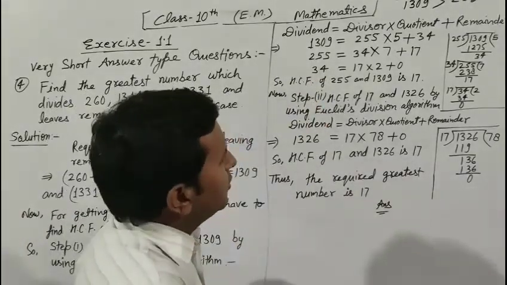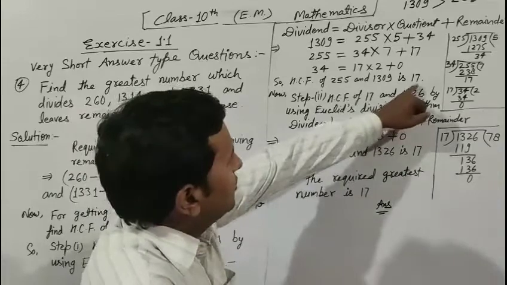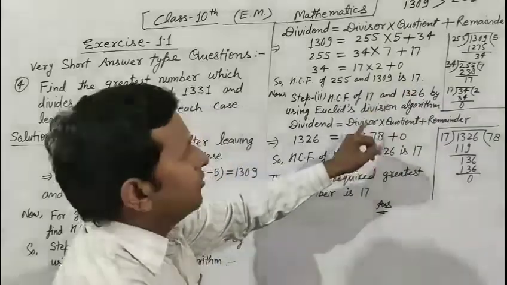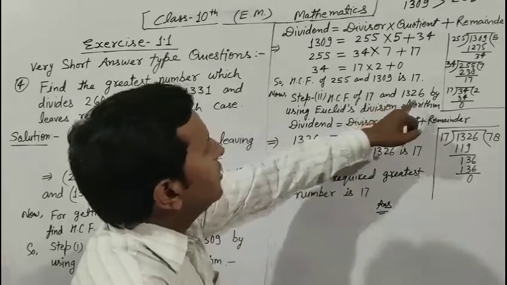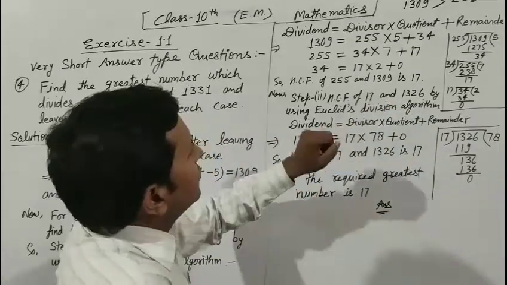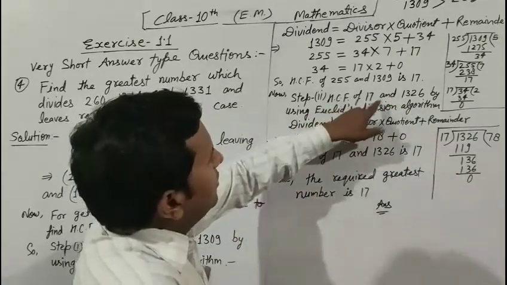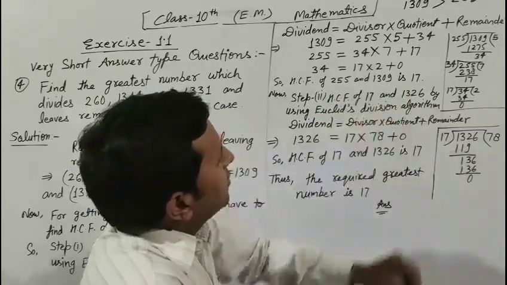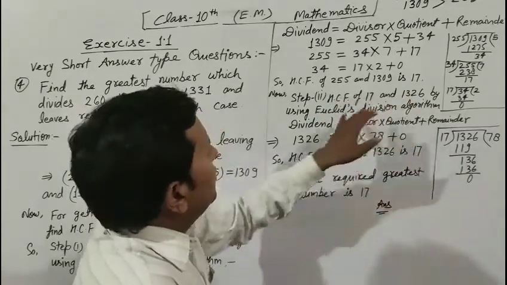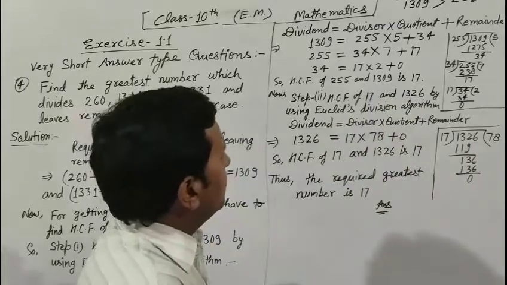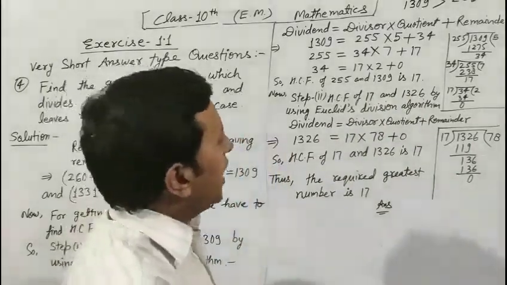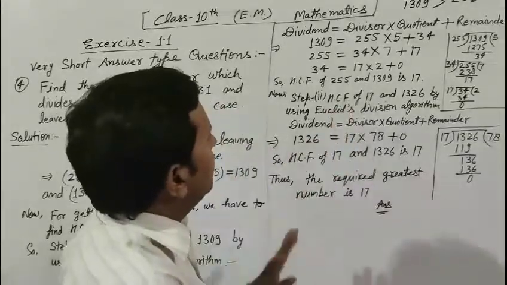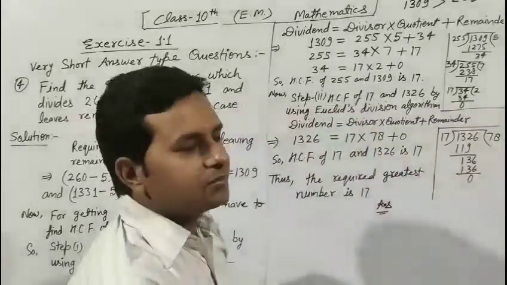Now in the second step, because 3 numbers are given, the first and second are done but the third number remains. Taking this HCF as the first number, we find the HCF of it and the third number: the HCF of 17 and 1326 using Euclid's division algorithm.